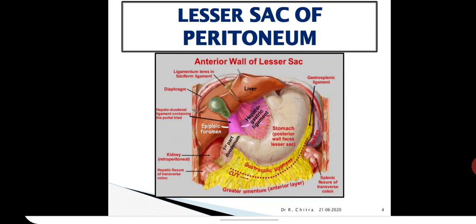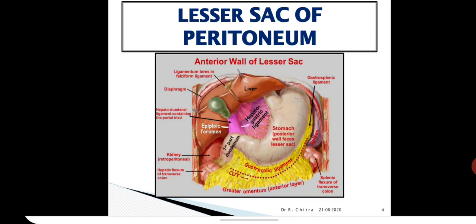Next is the posterior layer of the lesser omentum. So you are seeing here the posterior layer of the lesser omentum. Then it is behind the stomach. So the next part is the peritoneum covering the postero-inferior surface of the stomach and the adjoining surface of the proximal half of the first part of the duodenum.